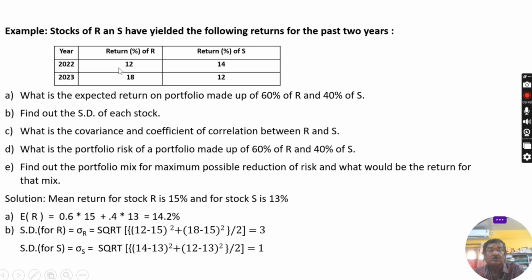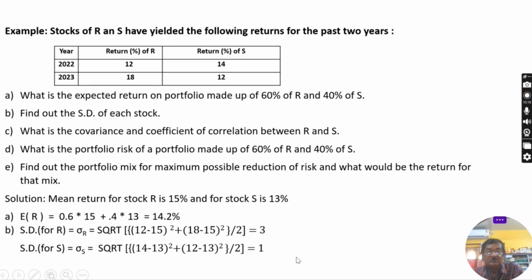Xi minus x bar means 12 minus 15 square plus 18 minus 15 square, total it and divide by n, which is 2, and square root it. If you do square root, then you get 3. That means the standard deviation for the returns of stock R is 3.